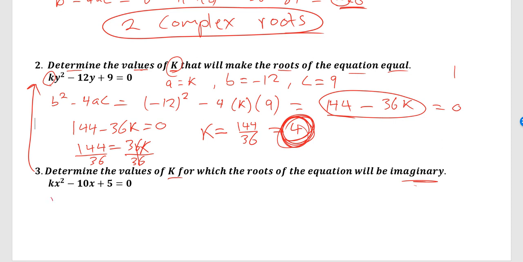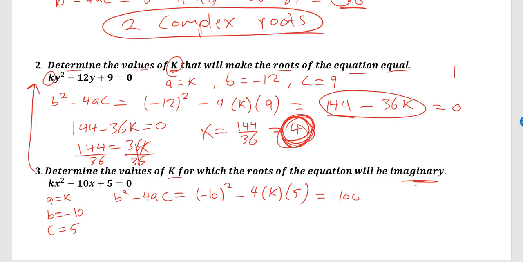So our A is K, our B is minus 10. This is 10, not 6. 10. Our C is 5. So we have B squared minus 4AC is equal to minus 10 squared minus 4 times K times C, which is 5, which is equal to 100.